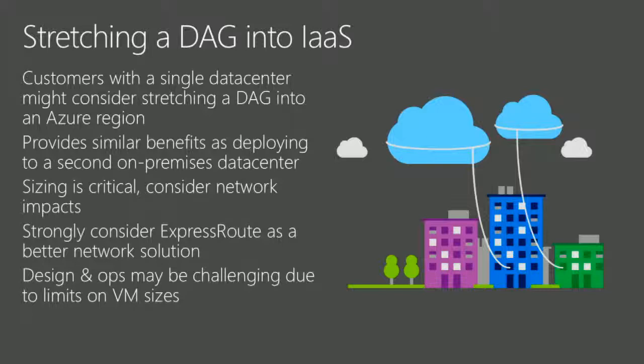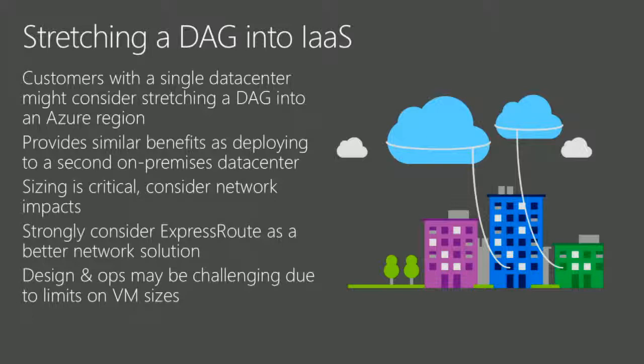Your ability to essentially have multiple ExpressRoute links into specific Azure locations versus your ability to have multiple site-to-site VPN links, it starts to get very complex. I will say that if you go down this path, ExpressRoute is the way to go. The connectivity, reliability, bandwidth, basically the good feeling of working with your telco carrier to understand exactly what level of connectivity you're going to have into Azure is something that you really need if you want to deploy a stretched production DAG that's going to have machines running in Azure.